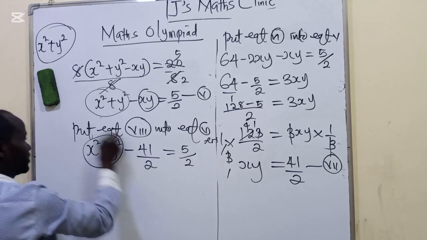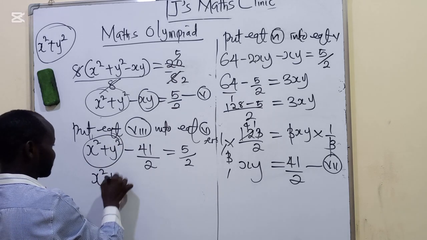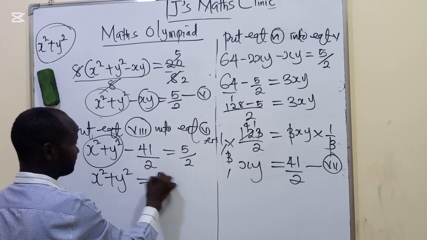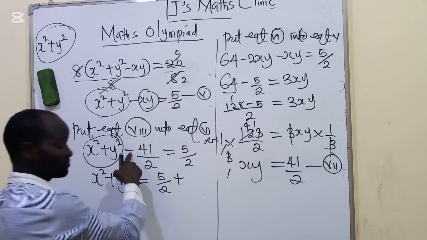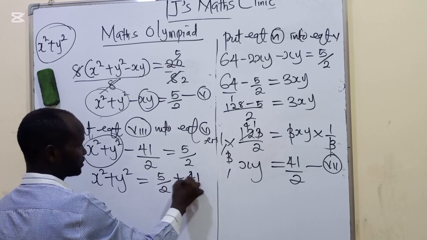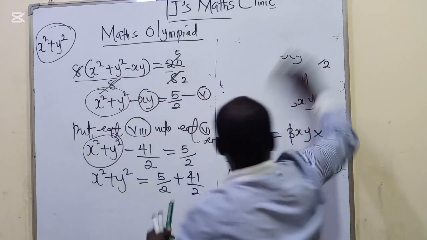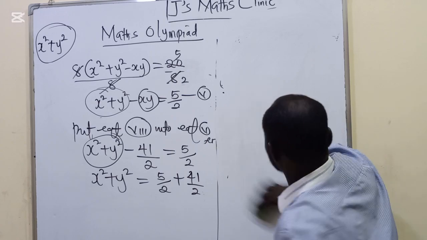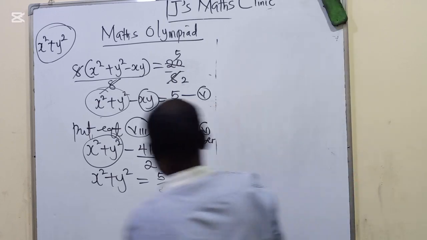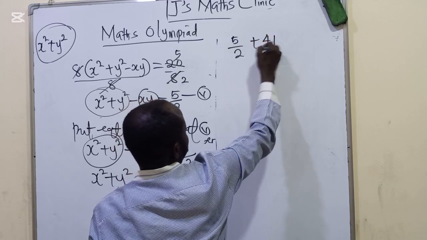Our aim is to find x squared plus y squared. So x squared plus y squared now will be 5 divided by 2 plus, when this minus 41 divided by 2 crosses the equal sign, the sign will change to positive. So finally, we are asked to find the sum of their squares. The sum of their squares now will be 5 divided by 2 plus 41 divided by 2.